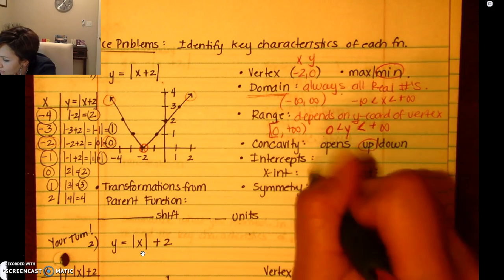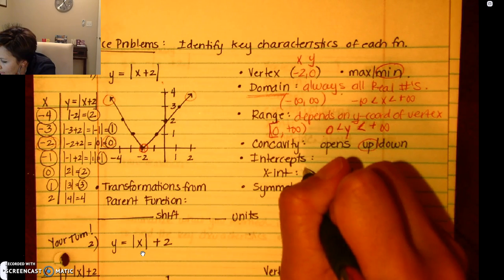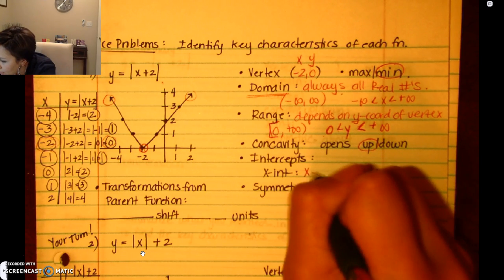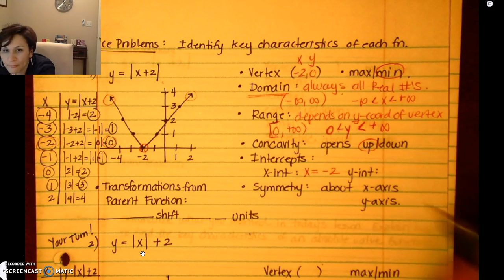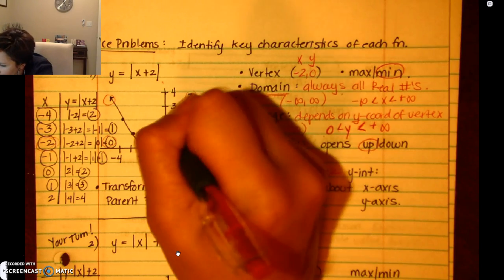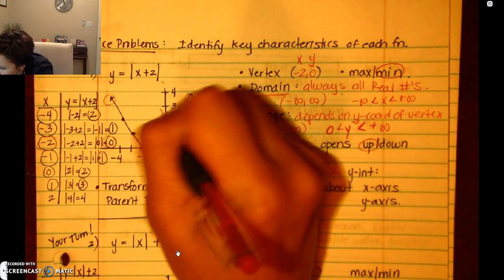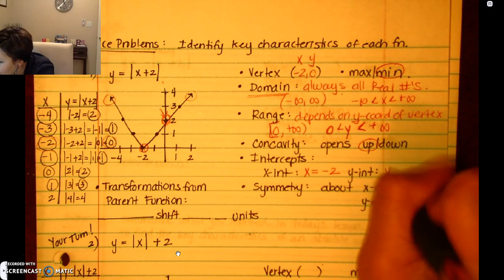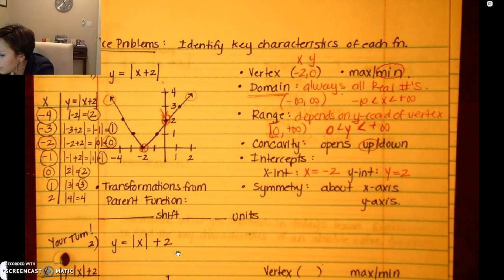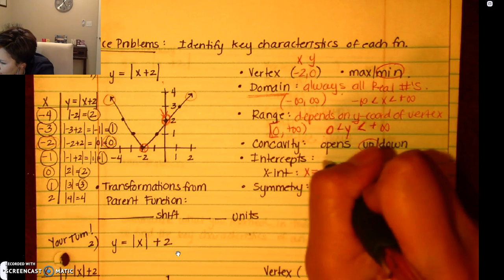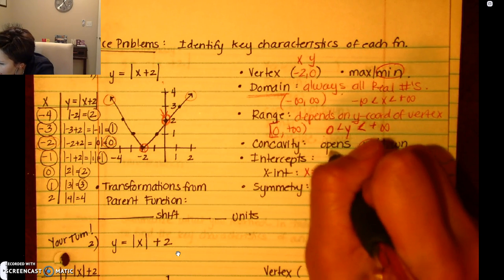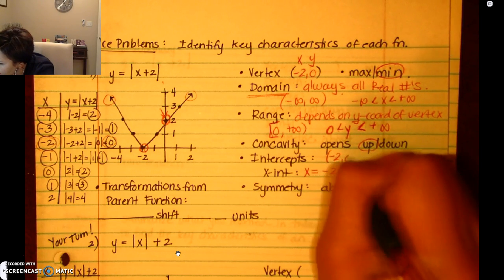So the x-intercept occurs at x equals -2, but the y-intercept, where does it cross the y-axis? When y is equal to 2. Okay, so the ordered pairs are different. The x-intercept occurs at -2, 0.